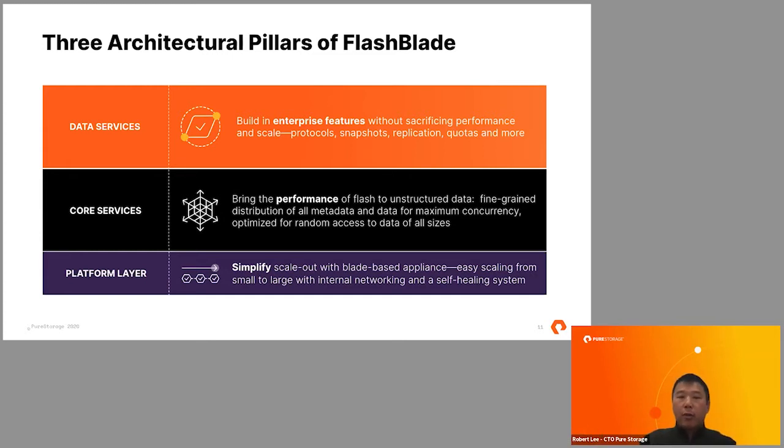Without having to worry about, hey, this application works with small files and this other application works with large streaming sequential data access and this other application works with object storage, can these all coexist on the same asset without interfering with one another? That's something that really sets us apart.